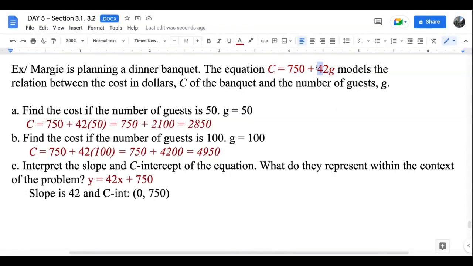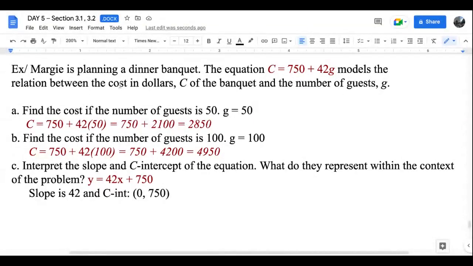What's the slope? The slope is 42. What's the C-intercept? The C-intercept is 0, 750. So this is y equals 42x plus 750.